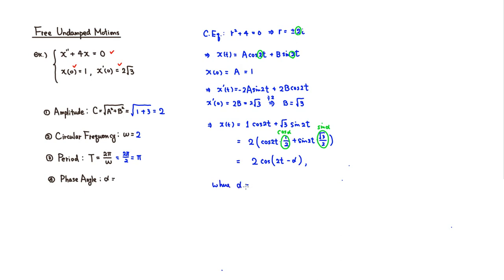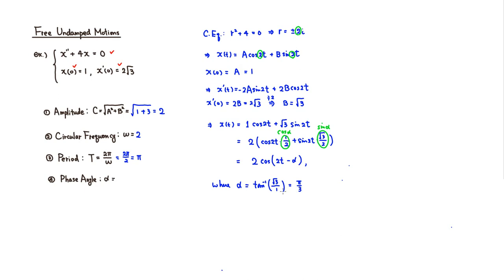alpha is going to be, in this case, A happens to be positive and B happens to be positive, so the angle is in the first quadrant. So this is going to be simply arctangent of B, which is square root of 3, over A, which is 1. And the arctangent of square root of 3 would be pi over 3.